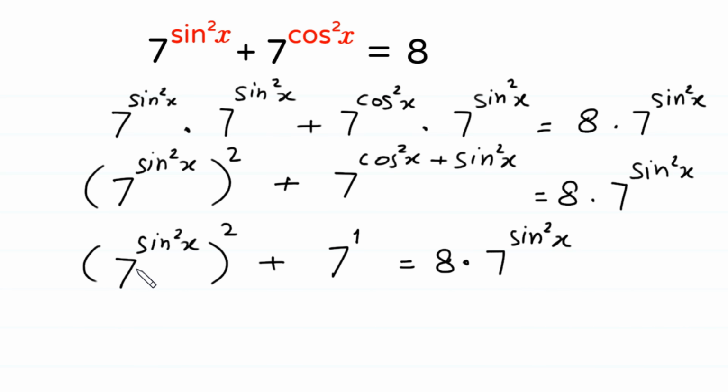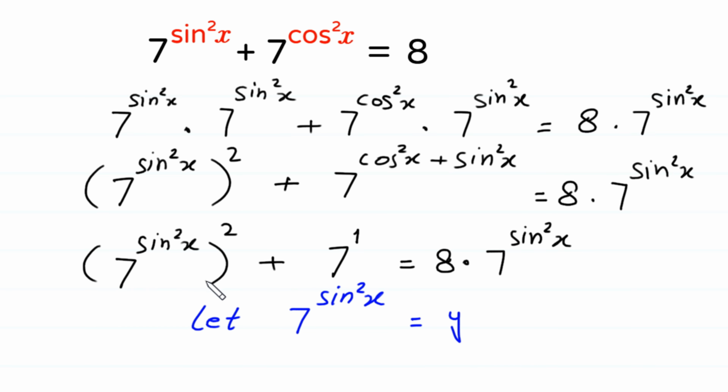Next, we have here 7 to the power sine square x, and here we have 7 to the power sine square x. So we suppose that let 7 to the power sine square x is equal to y.